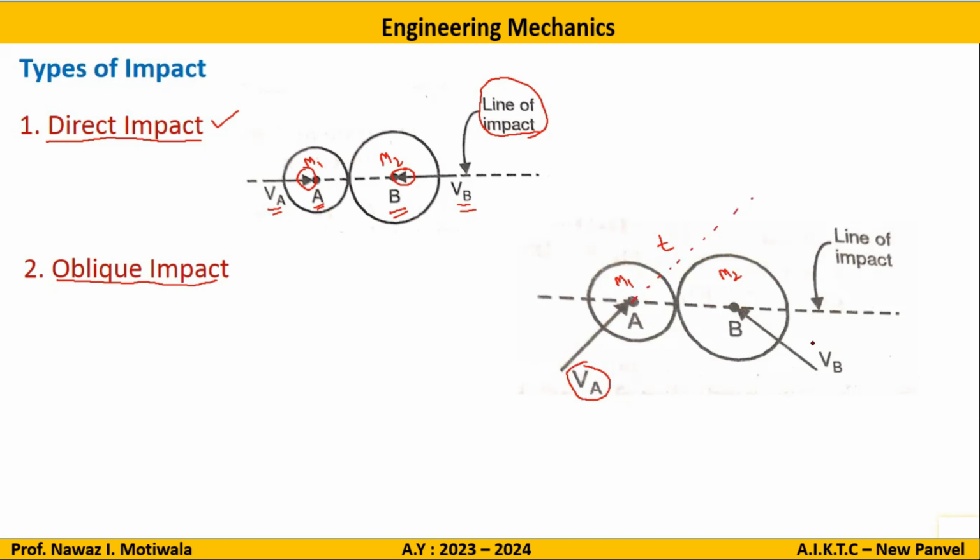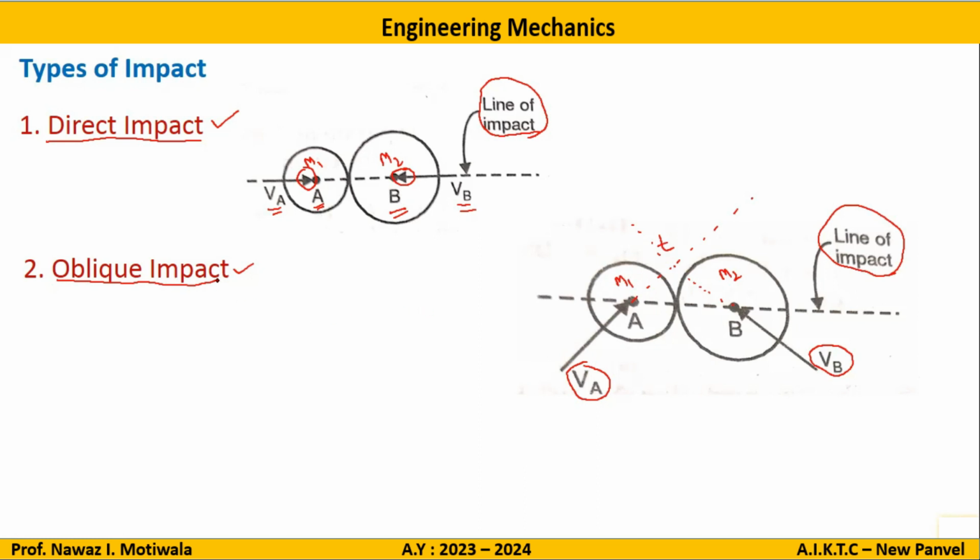Similarly, the velocity of particle B is along this direction, and the line of impact is exactly horizontal. So the directions of both velocities are not along the line of impact, hence it is known as oblique impact. To summarize, if the velocities of the colliding bodies are along the line of impact, it is known as direct impact, and if they are not along the line of impact, it is known as oblique impact.